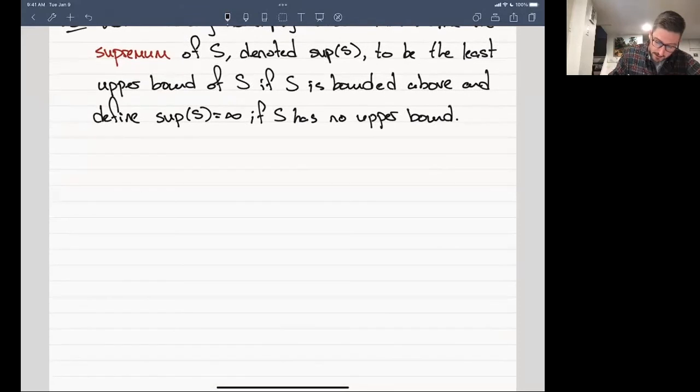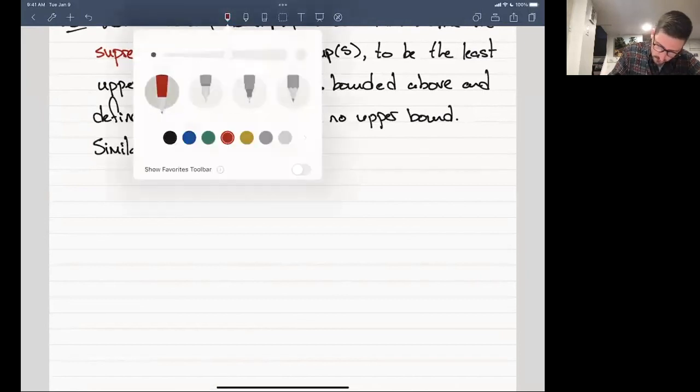Well, we have the same idea for the greatest lower bound. So similarly, define the infimum. So let's put this in red.